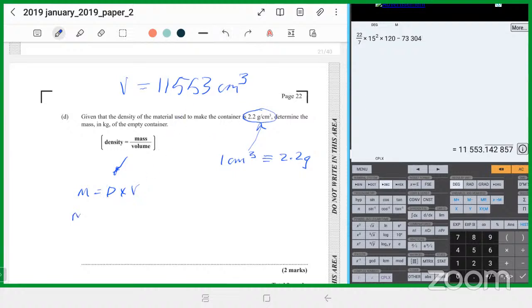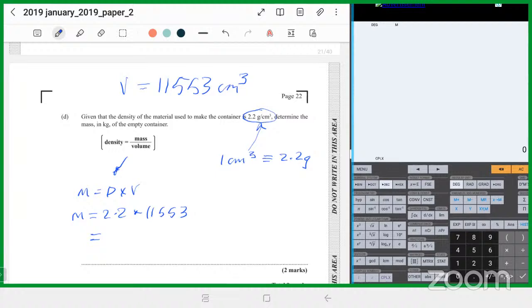So the mass is going to be 2.2, but that is grams, times the volume of 11553. You get it in grams, because this is 2.2 grams per cm cube. So you work this out to get it in grams, and to get kilograms, you have to divide by 1,000, right? 1,000 grams make a kilogram.